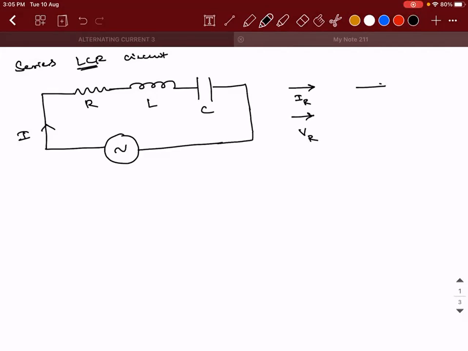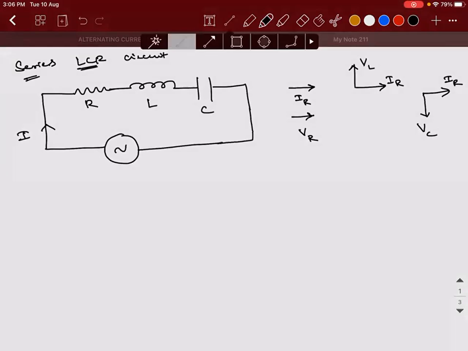Similarly, if IR is the current through the inductor as well, then voltage leads the current by 90 degrees in the case of an inductor. Similarly, across a capacitor, the current is still going to be IR because all three are in series. When they are in series, the current is the same. In this case, VC will be in the opposite direction. That is, VC will be lagging IR by 90 degrees.